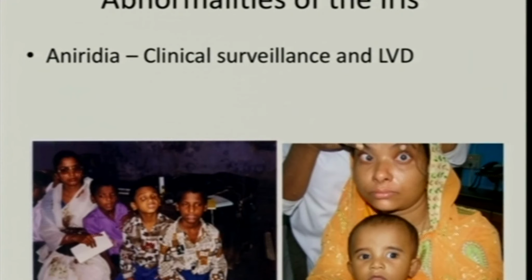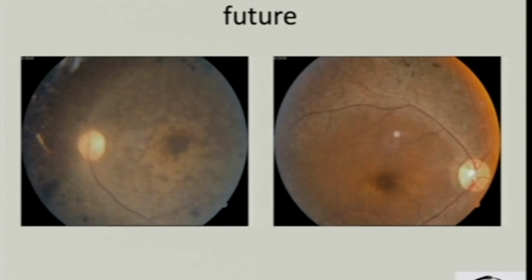And aniridia cases run in families, a very strong hereditary autosomal dominant disease. Clinical surveillance is very much needed, whether it is turning towards glaucoma and all, and they do well with low vision devices.